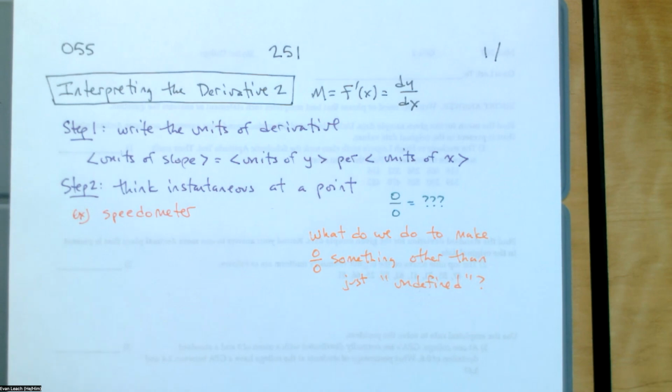Remember what we use to calculate the 0 over 0, to calculate this delta y over delta x when both of those are 0: we use an approximation where delta y and delta x are close to 0 and then try to figure out what's going on. We need to determine the conditions under which we can use the discrete to approximate the continuous.